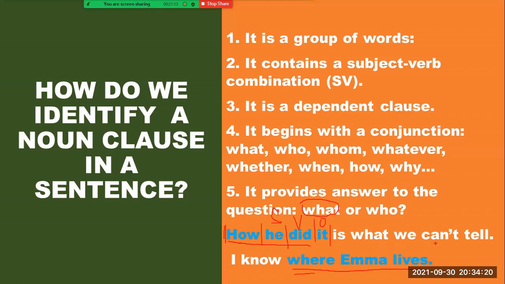So if you simply say to someone is what we can't tell, the person will ask you what is what we can't tell, what? Then you will say how he did it is what we can't tell. All right. So a noun clause always provides an answer to the question what.